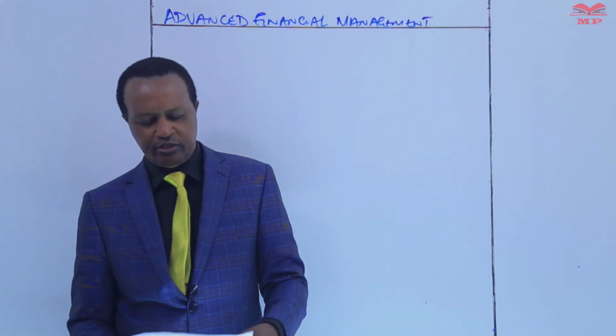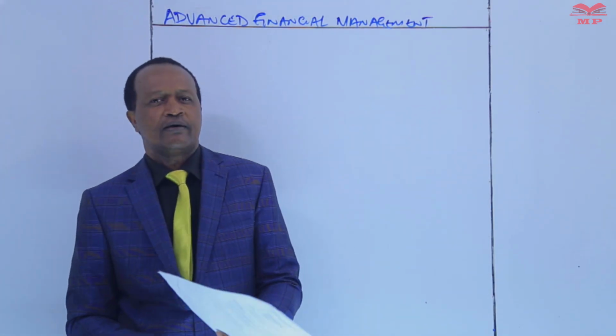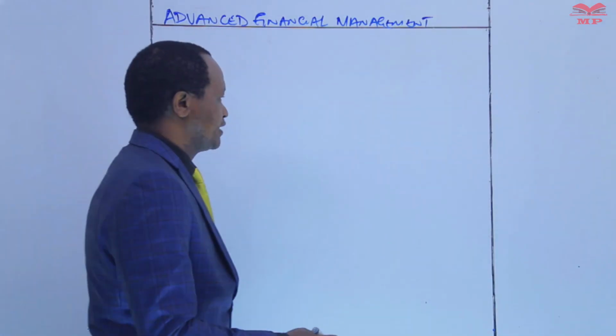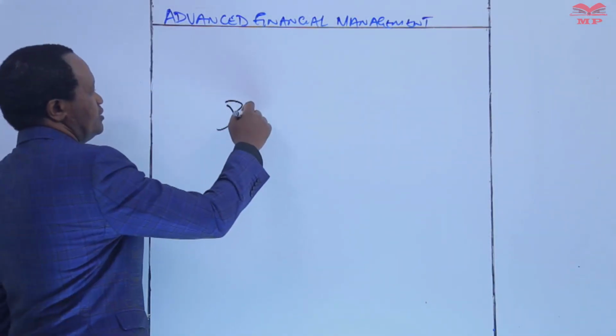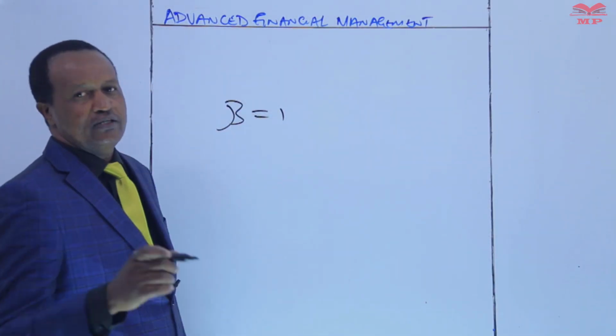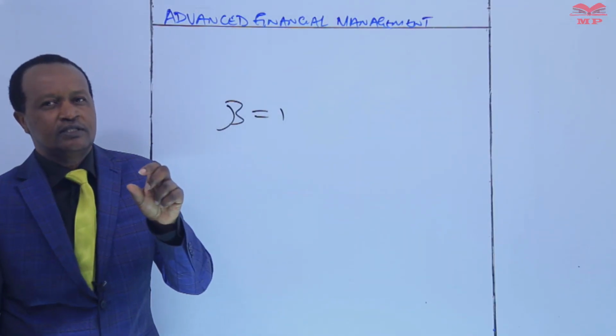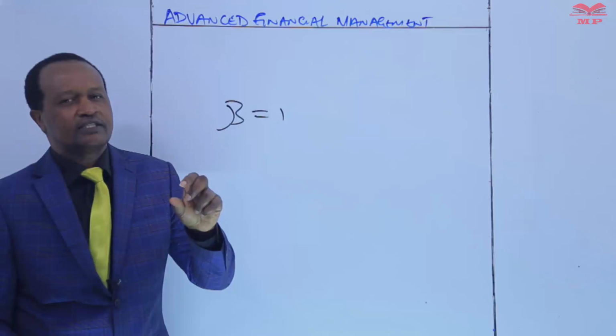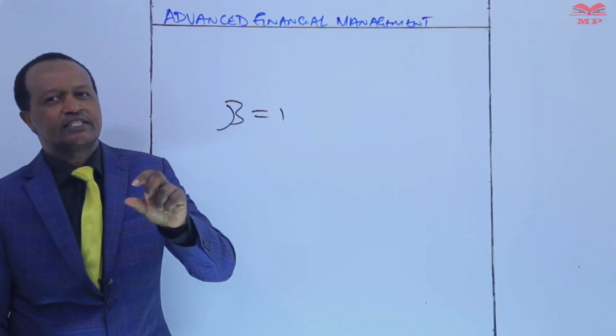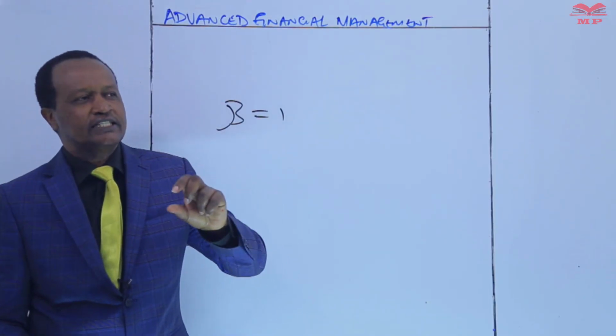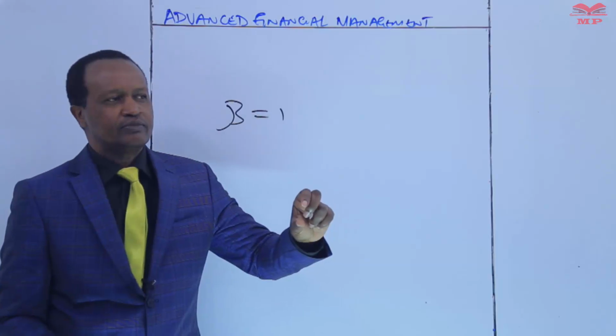And by now I know you know that a beta of 1 indicates that the price is moving in tandem with the market.